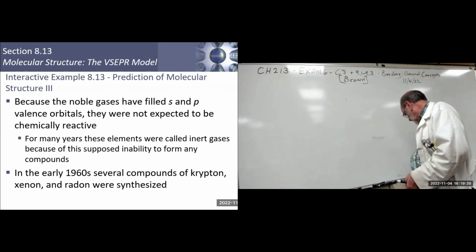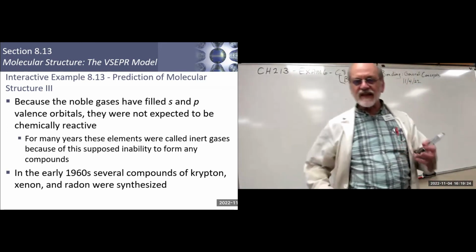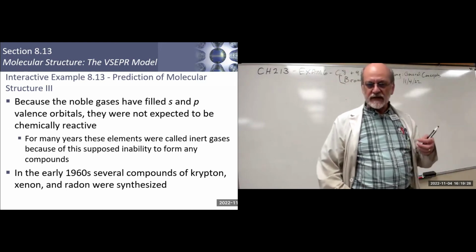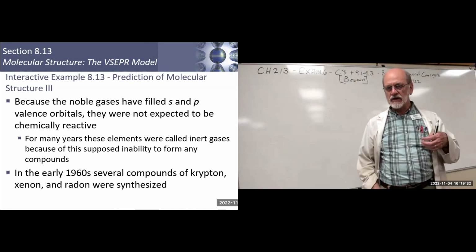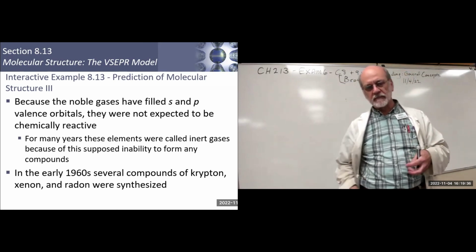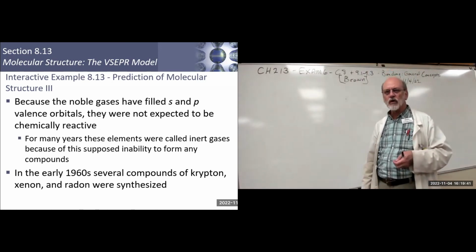What was discovered was some of the larger ones, like krypton and xenon and radon, could be forced to form compounds, usually with one of the halogens. Fluorine is a common one. I think they've formed compounds with some chlorine also.